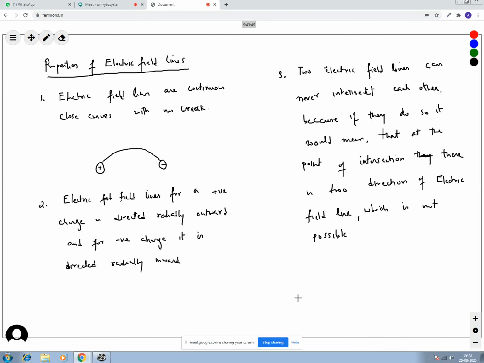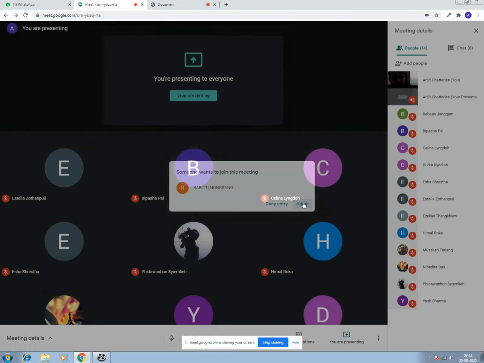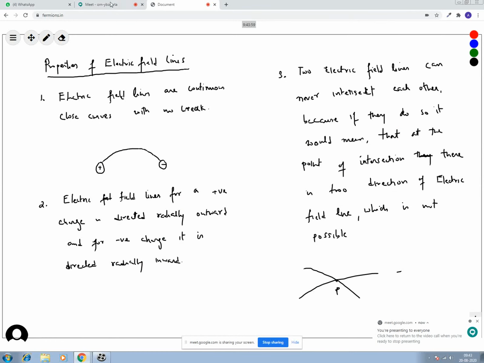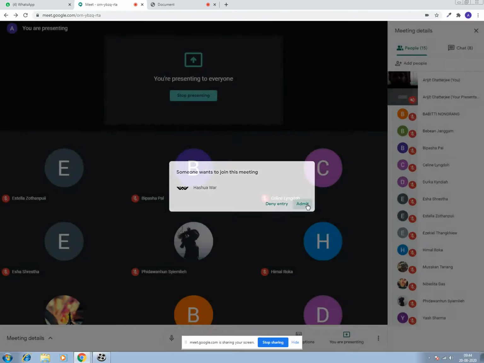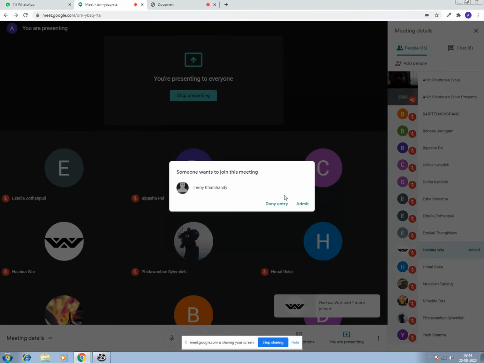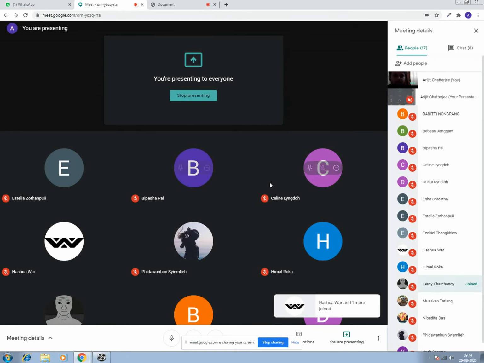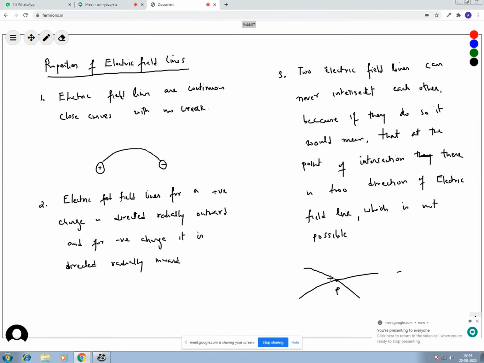What I mean is that two electric field lines can never intersect like this, because if they intersect at the point P, at the point of intersection we will have two directions of electric field.